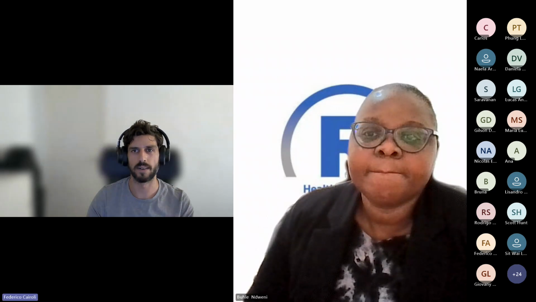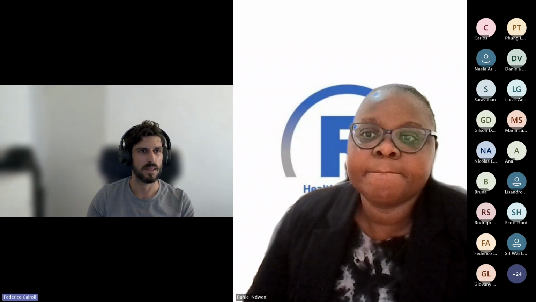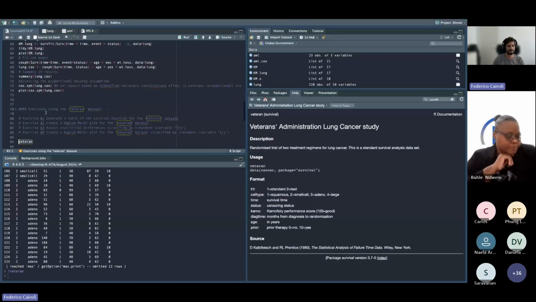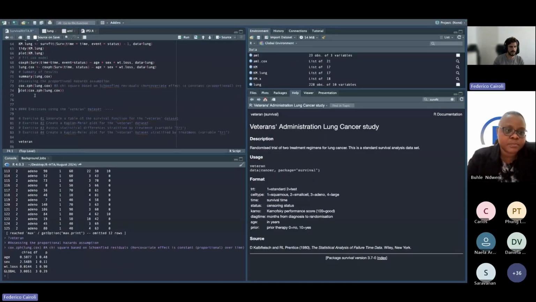Let me go to my R one more time. Imagine that in sex you obtain a p-value of 0.04, and then when you see this plot, you see that there is no flat line there, and you say, okay, I can't run my Cox model using this variable because the model overall is violating this specific assumption.